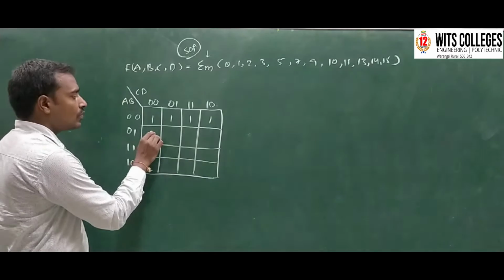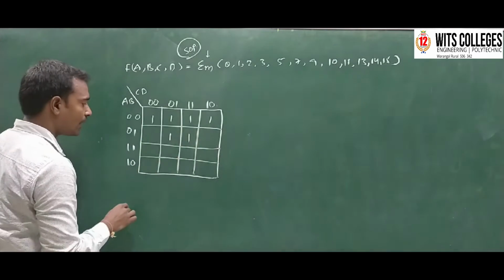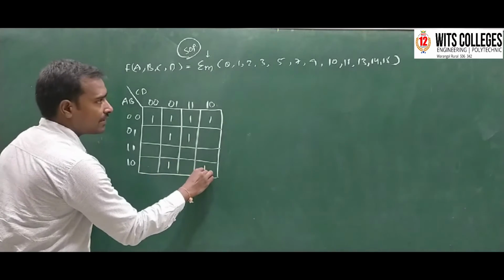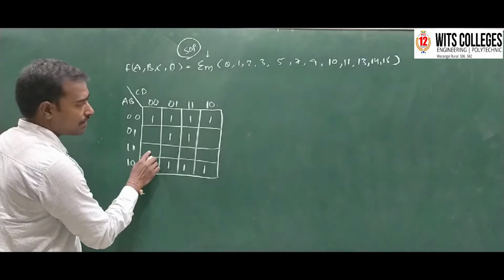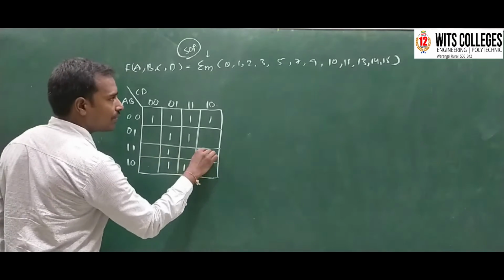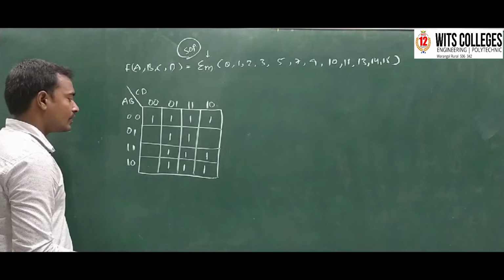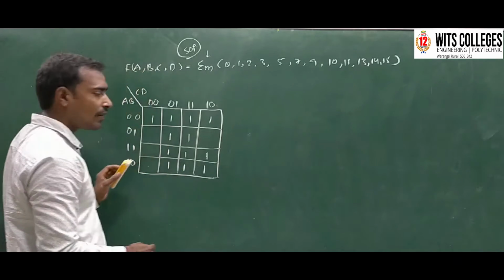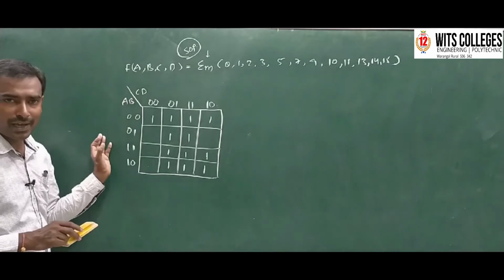Coming to 4, it is not there, then 5, 6, 7. Next 8, 9 is there and 10, 11. Next 12 is not there, and 13, 14 and 15. So these all are the actual variables we have and we have to simplify them by Boolean expressions using a K-map.